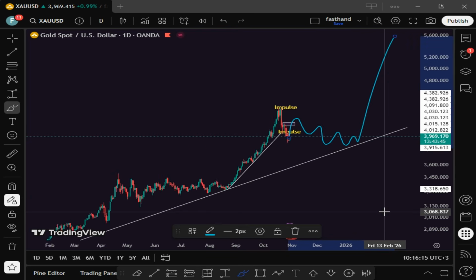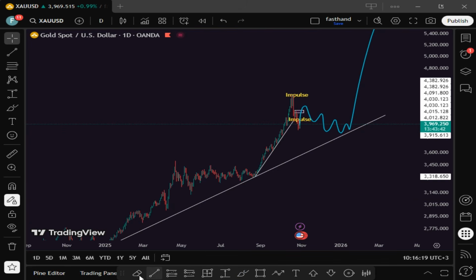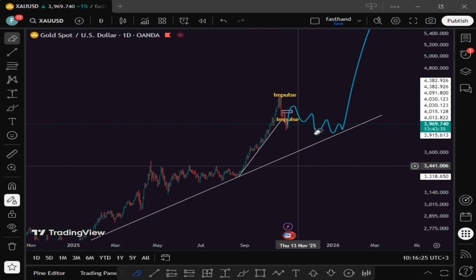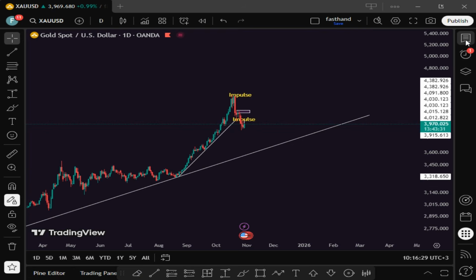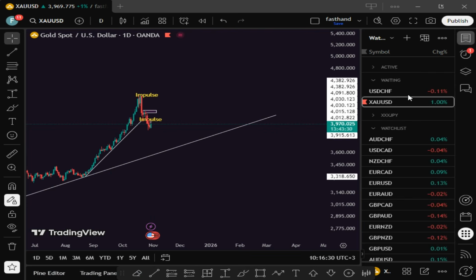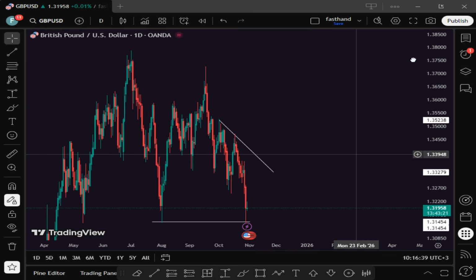Because to my understanding, looking for sales on gold is not something advisable. That is just my opinion, right? I never want to look for sales on gold, because you never know, anytime she might just change direction, right? So let's continue on GBPUSD and see what GU has for us.